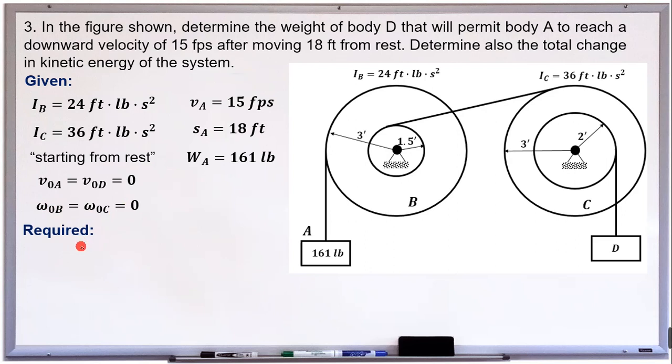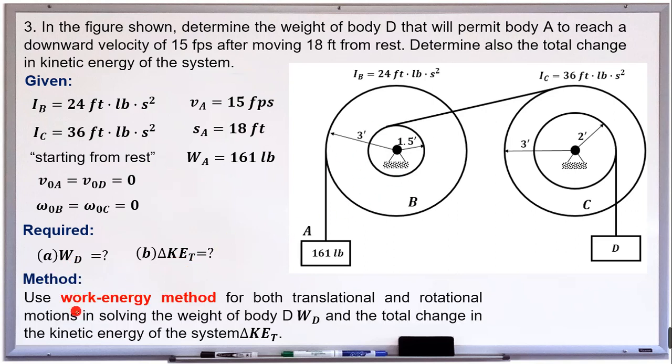The requirements for this problem are first the weight of our block D, and second the total change in the kinetic energy of the given system. The method to be used is still the work energy method for both translational and rotational motions, because we have two types of motion in this multi-body system.